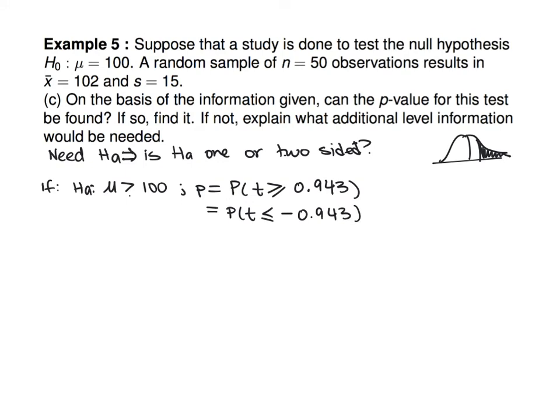If you're going to compute this exactly, you have to do less than or equal to's because that is what Excel demands. So sorry, t.dist, negative 0.943, 49 degrees of freedom, and then 1, which does the whole area, and you get 0.175.